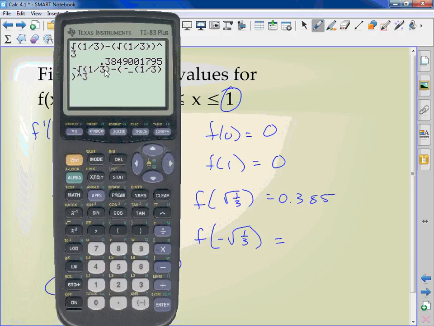Okay, negative square root of 1/3 minus negative square root of 1/3 cubed. Enter. I get negative 0.385.